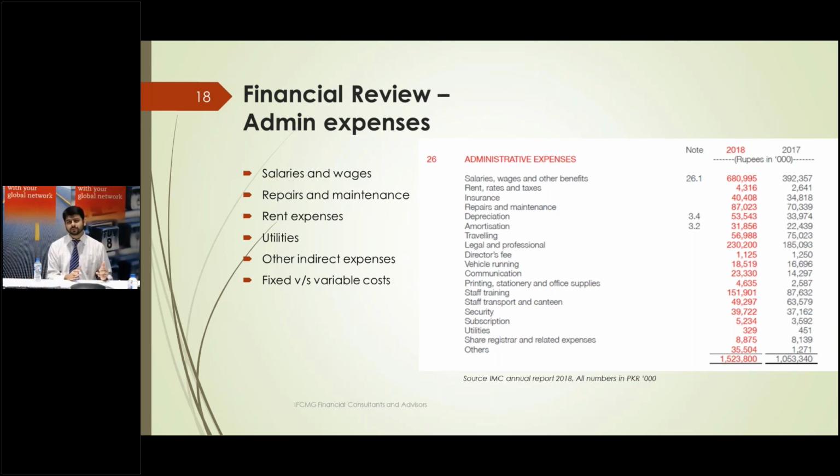The worker may be getting, say, a fixed salary, but in case of additional demand for production, he may be required to work overtime, which is variable. Administrative staff, again, may be on a fixed salary, but will probably have a variable component based on their performance, which is included in the accounts as bonuses and performance awards.